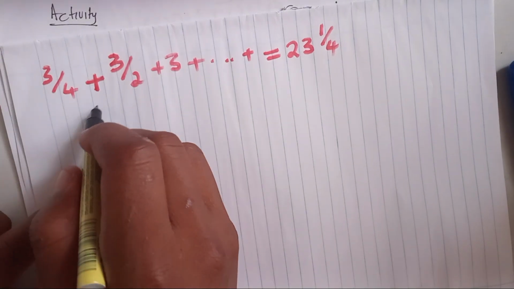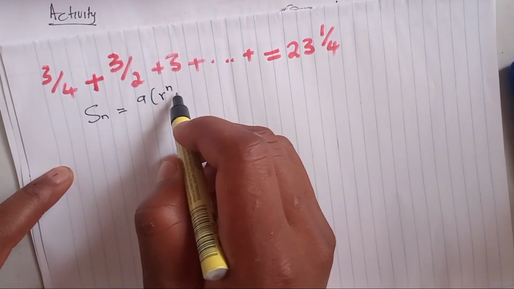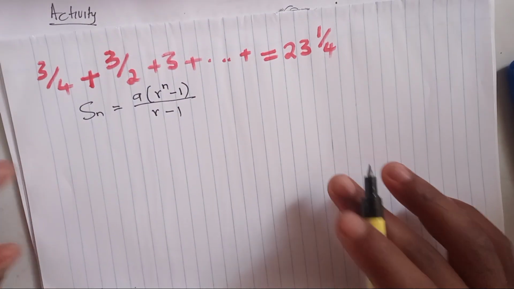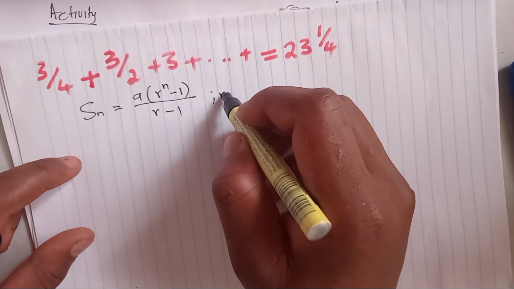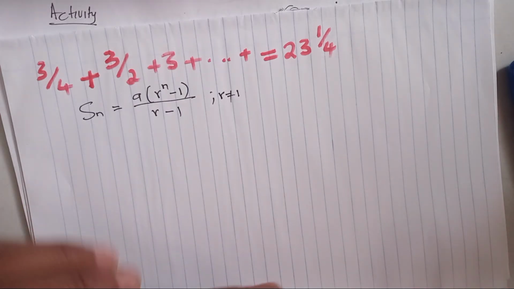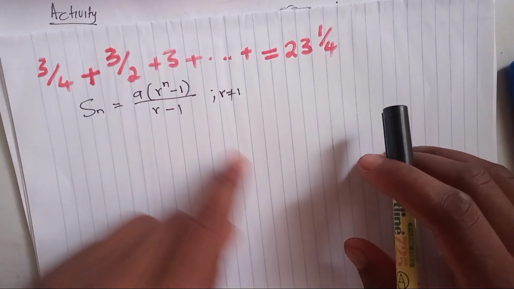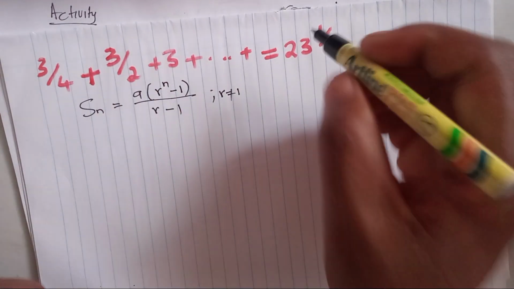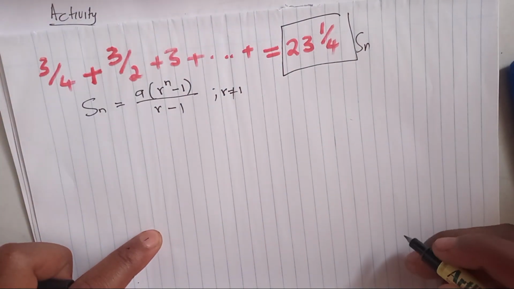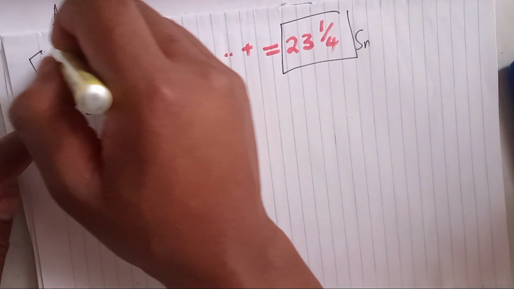We know that the formula says Sn is equivalent to a into r exponent n minus 1 divided by r minus 1. I prefer using this formula more frequently, guys, so please get used to it. Since we are looking for n, it means that the 23 and a quarter is our Sn. Then we have the first term, which will be the a.